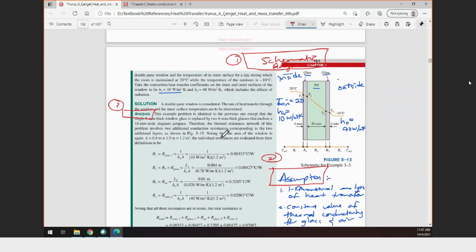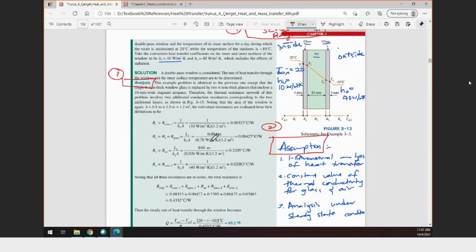So how to start the analysis? First you need to identify the thermal resistance diagram. I call this the thermal resistance diagram.